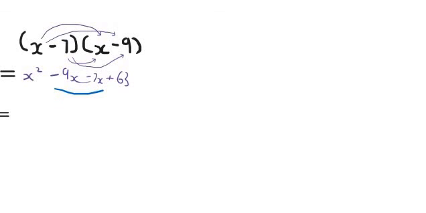We have to simplify the minus 9x and the minus 7x especially. Nothing else can be simplified. So again you have x squared, but then you have minus 16x from the minus 9x and the minus 7x, then you have plus 63. And that will actually be your final answer.